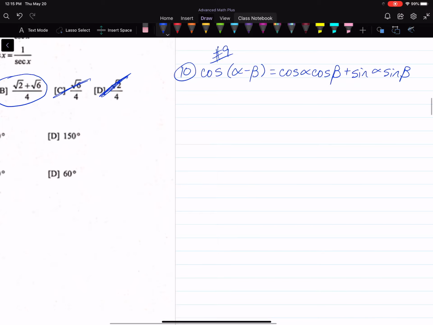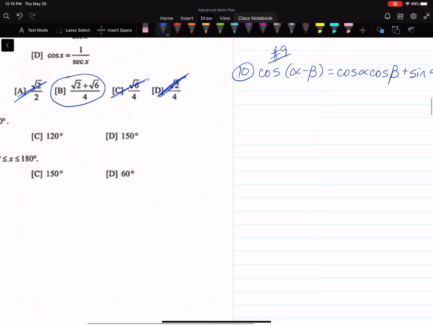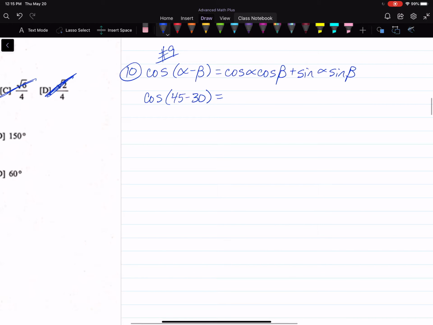So in order to use that, we have to pick two angles that are on the back of our formula sheet that subtract to 15. I'm not going to make it hard. 45 minus 30 is 15. So we're going to say cosine of 45 minus 30, and plug it into this.